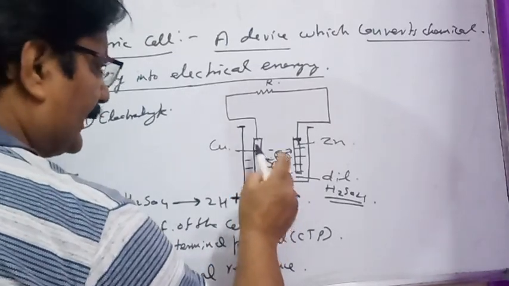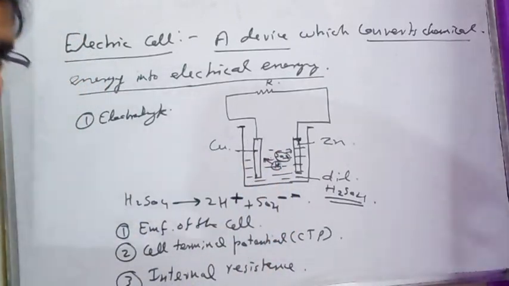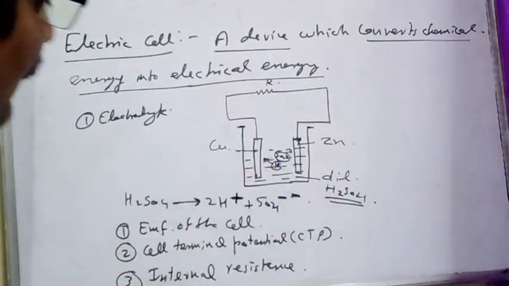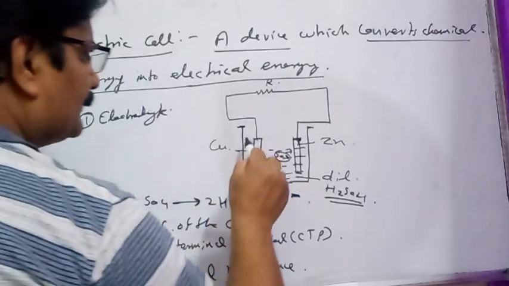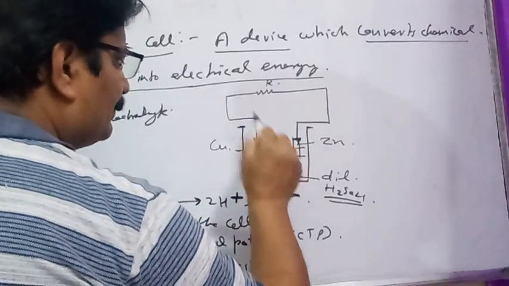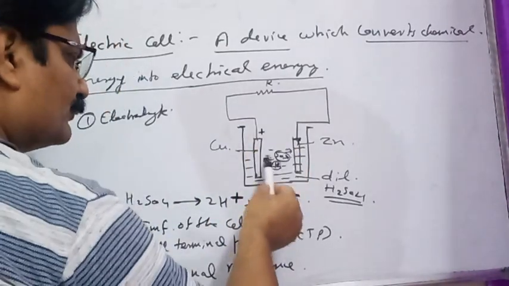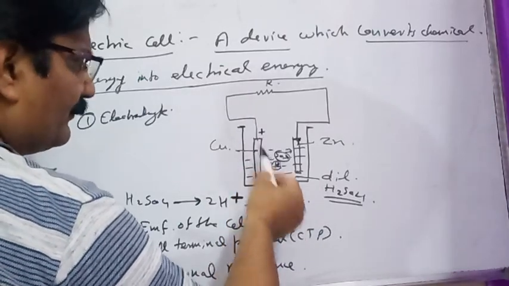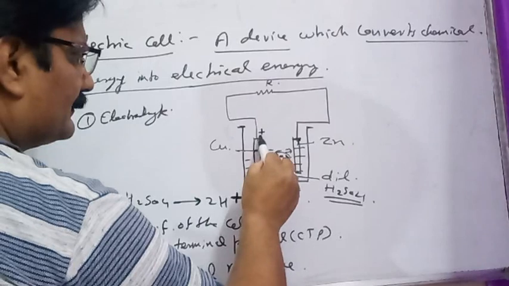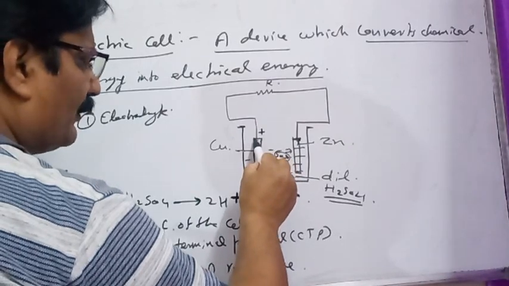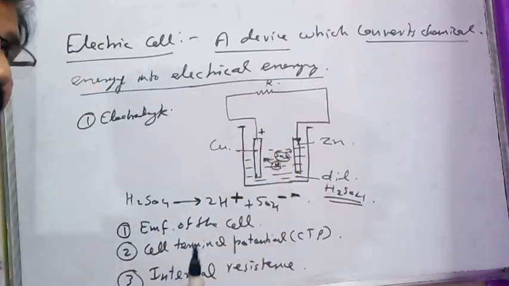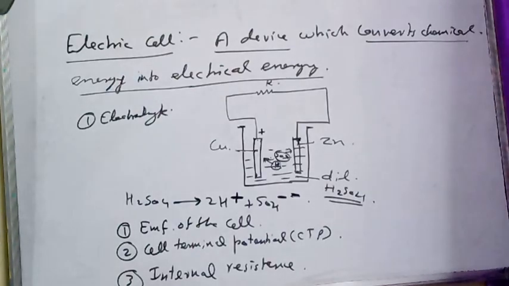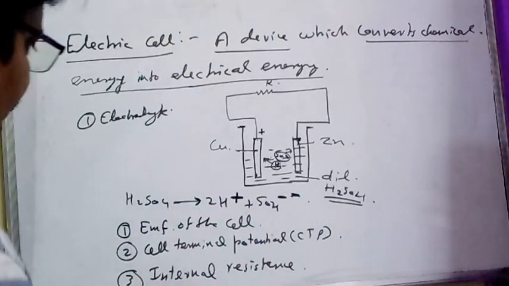As soon as the copper rod transfers one electron to the hydrogen ion, it becomes positively charged. More and more hydrogen ions reach the copper plate, take electrons from it, and the potential of the copper plate increases and it becomes more and more positive.